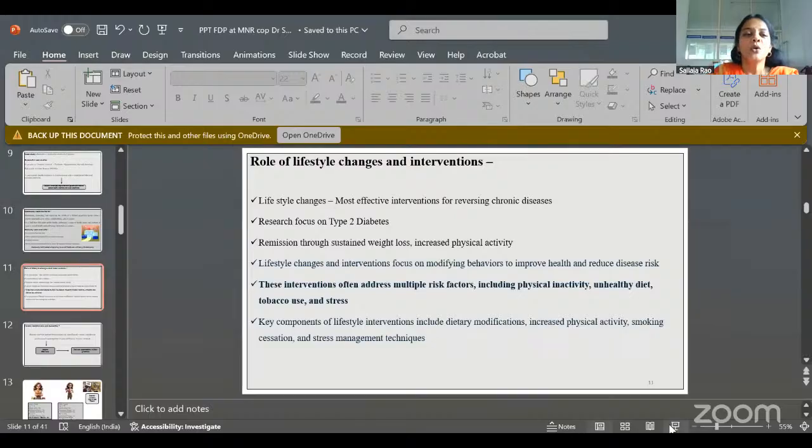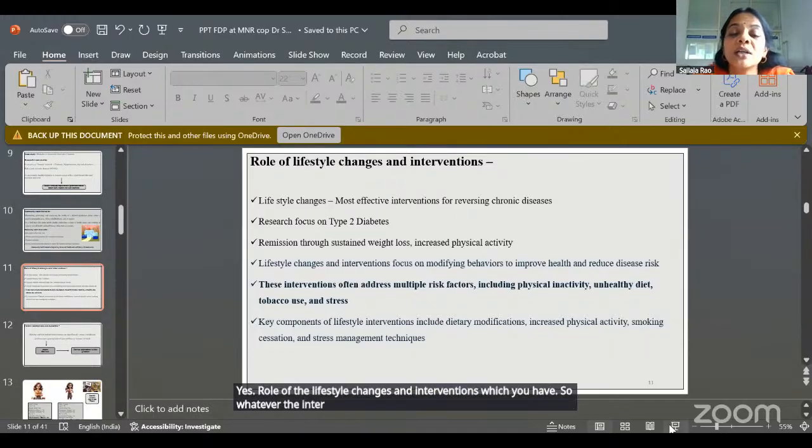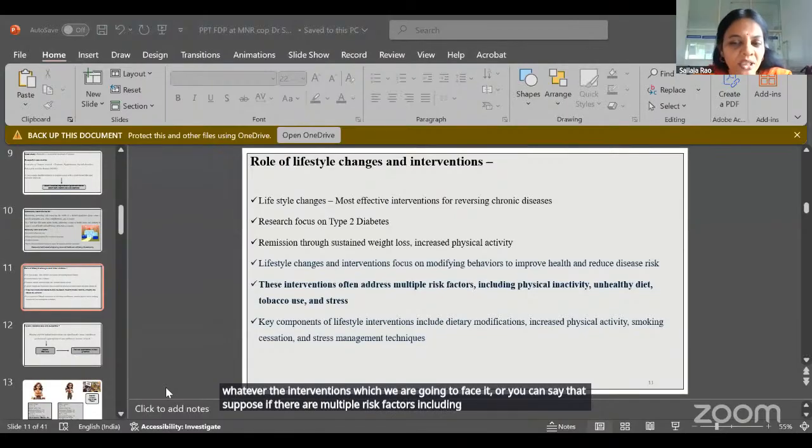Yes. Role of the lifestyle changes and interventions. Suppose there are multiple risk factors, including physical inactivity, unhealthy diet, tobacco use, stress; you should be able to take every step to control all this.